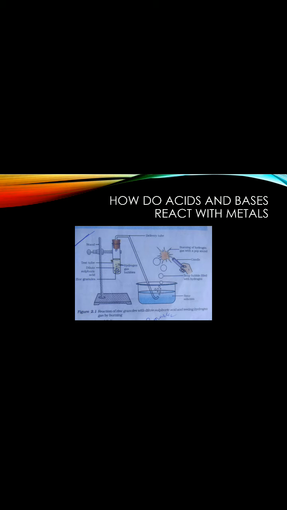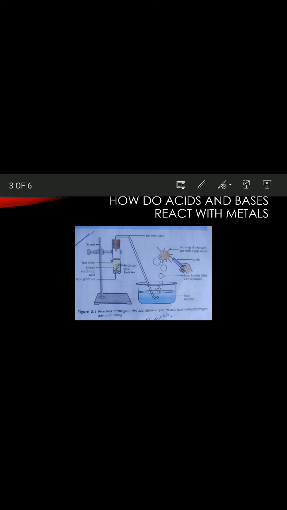Those bubbles which rise up are tested using the burning candle. When you bring the burning candle near the bubbles, it burns with a pop sound. Okay, so that indicates the gas which is liberated when an acid reacts with metals is hydrogen gas.